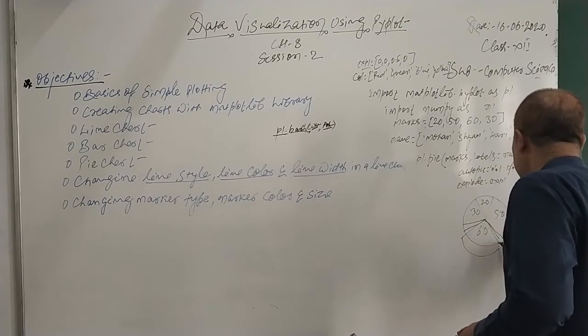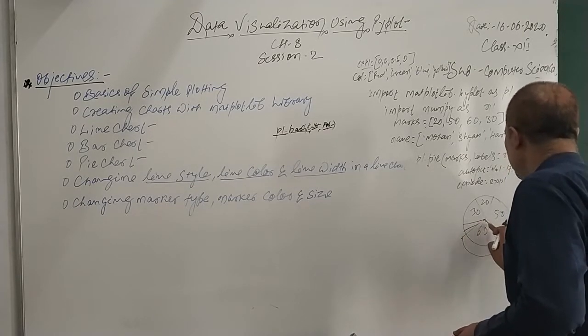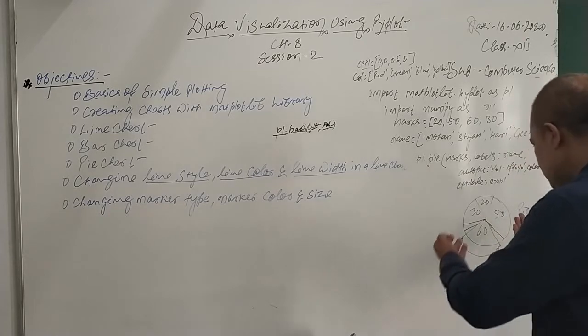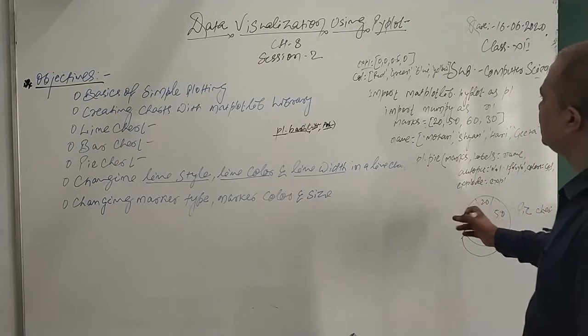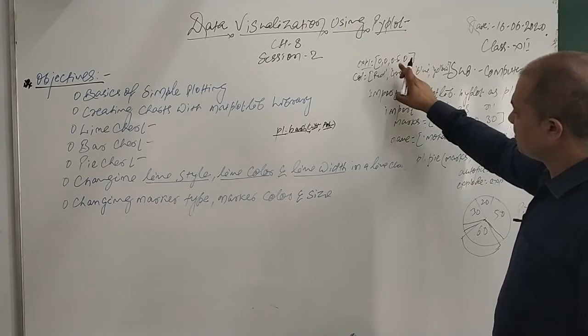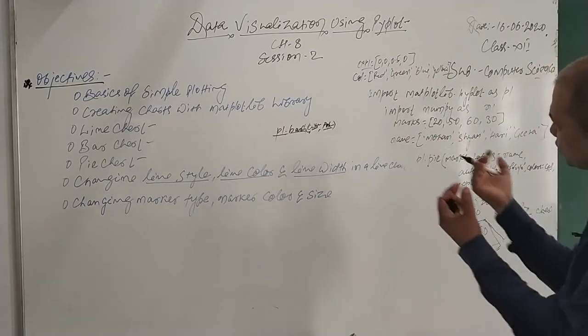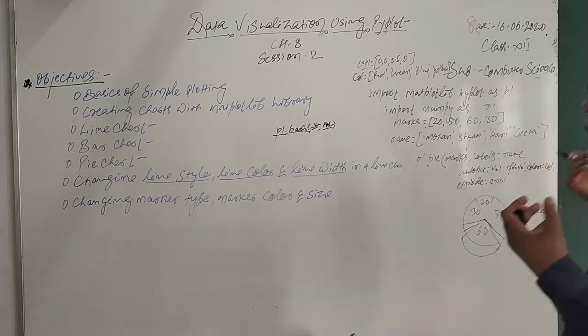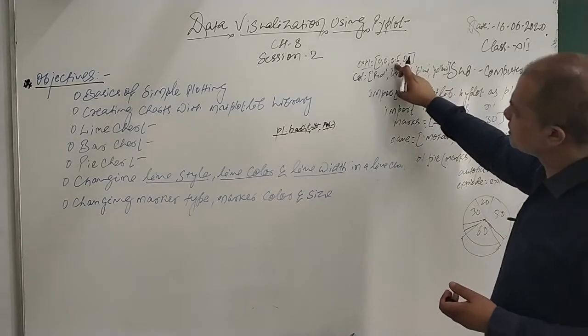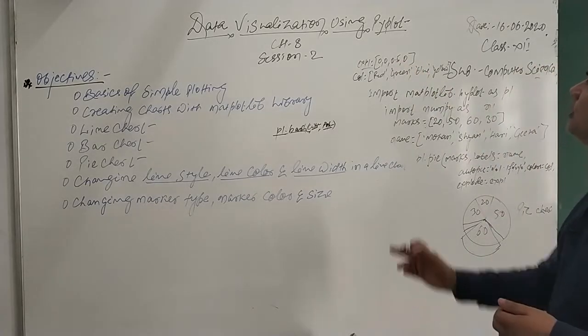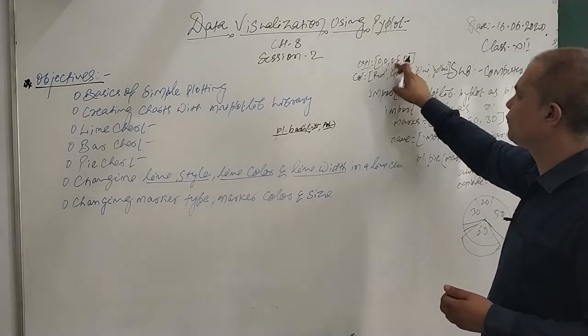Have you seen this kind of thing? This is called explosion. So if you want this slice to come out from the circle, we have to give a value for how much explosion you want, how far you want to take that slice. 0.5 is just the deviation I want. That's why the rest are 0 and this is 0.5.